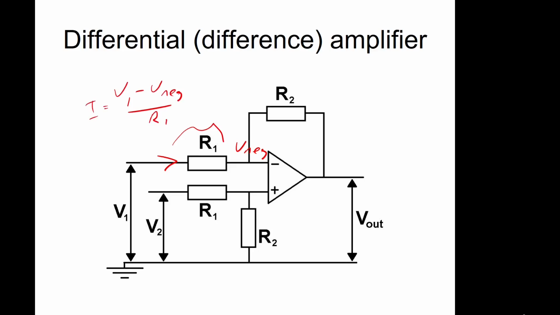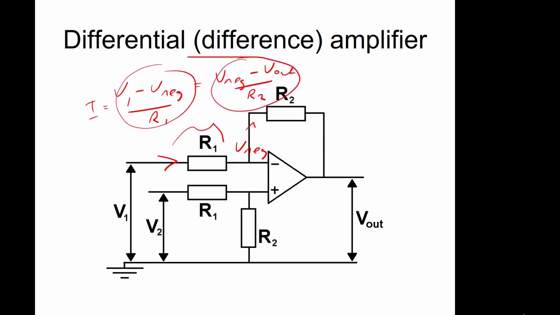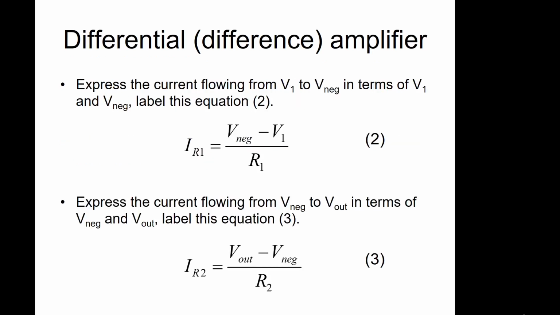And that current now goes through here. And the potential drop across here is V neg minus V out over R2. So because all the current goes through there, this term equals that term, which is what we have there.